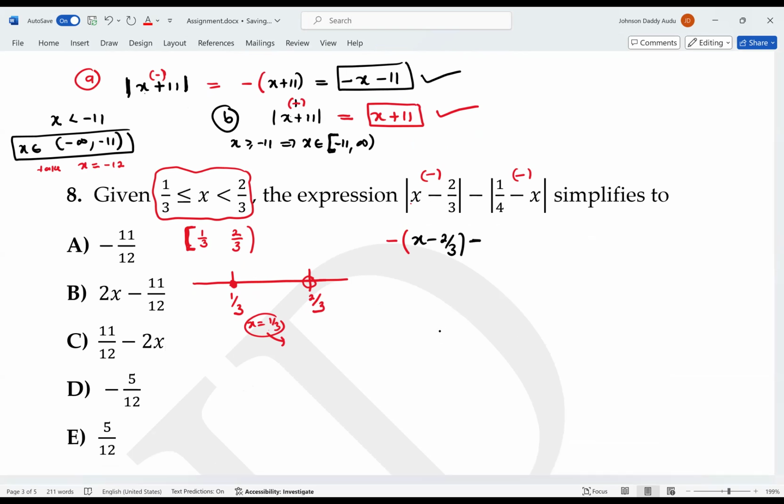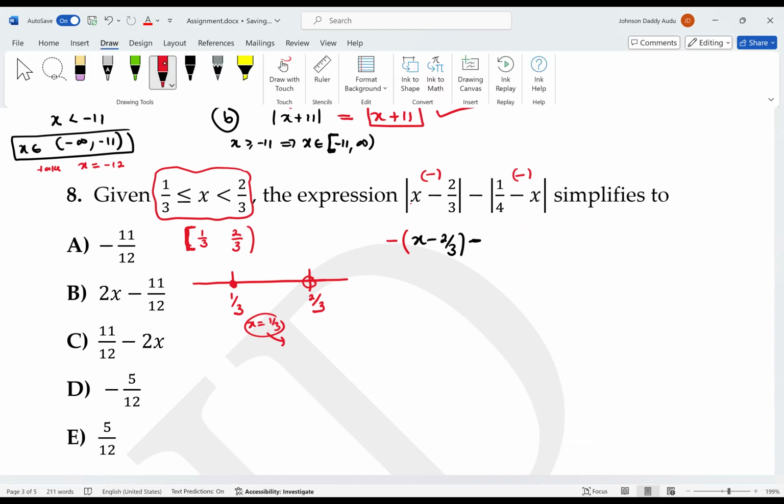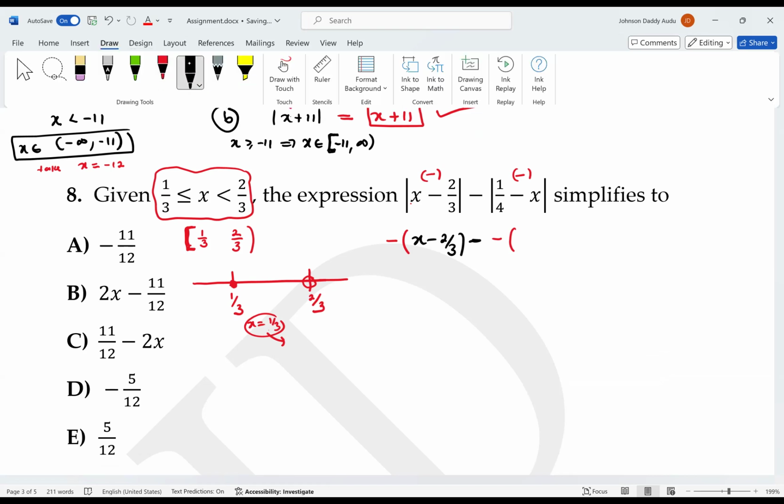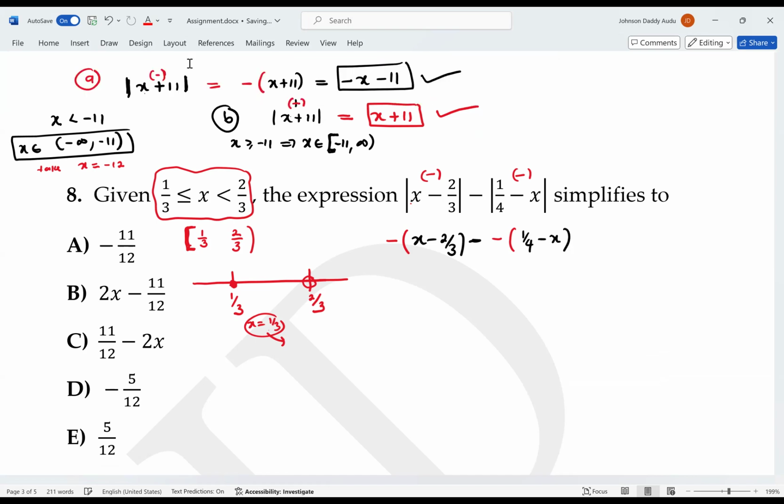So this negative is still here. Now, this second absolute value, you can see that this is also negative. So now this negative can come down, so I will have also another negative. Then we will have this is 1 over 4 minus x, right?